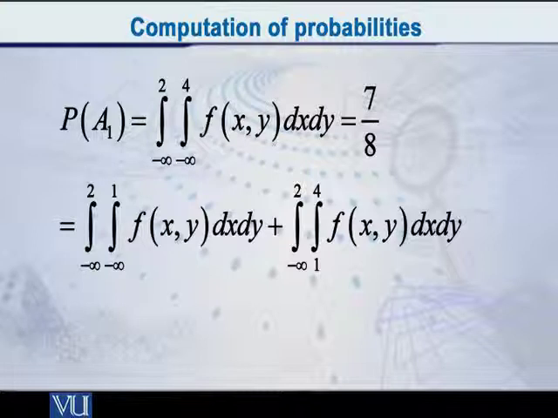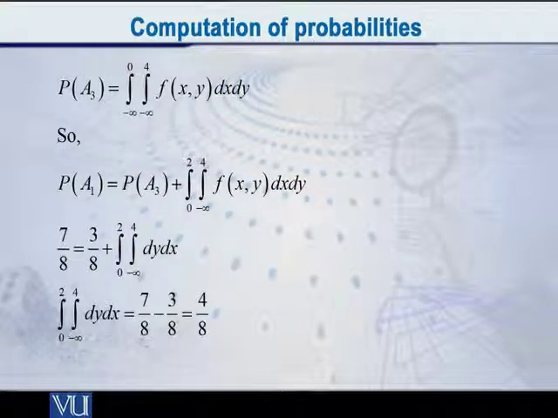Probability of A1 is the integral from minus infinity to 2 as far as x is concerned, and from minus infinity to 4 as far as y is concerned. पहले हमने इसको स्प्लिट किया था y के हिसाब से, अब मैं इसको स्प्लिट करने लगी हूँ x के हिसाब से. ये जो पहला वाला है minus infinity to 2, it can be split as minus infinity to 0 plus 0 to 2. तो अगर हम इस तरह लिखें तो हमारी इक्वेशन क्या बनती है?